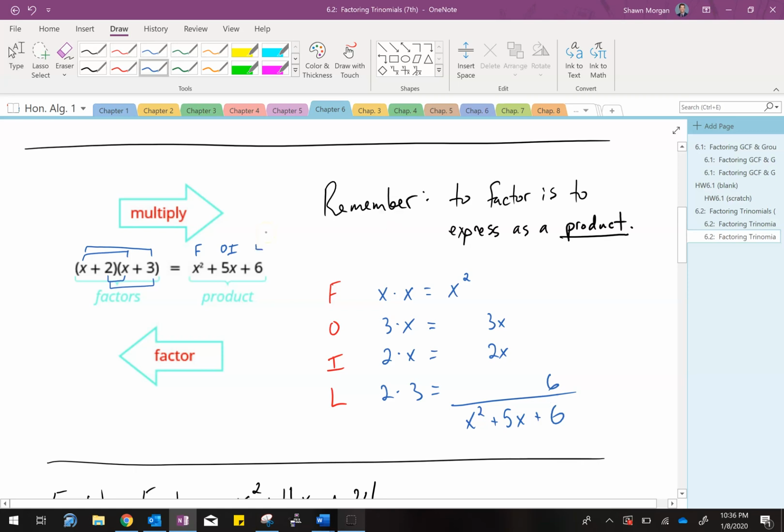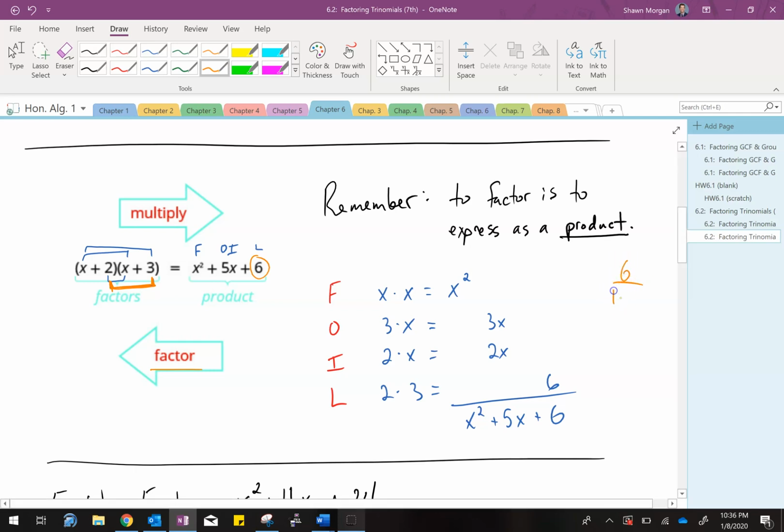The reason that I'm bringing this up is because we're going to be focusing on the reverse of that FOIL. So in other words, we're going to be taking a number like 6, and we're going to be asking the question, well, how did that 6 come about in my answer? It came about from multiplying the last times the last. So when you think about the number 6, you need to think about how many factor pairs there are.